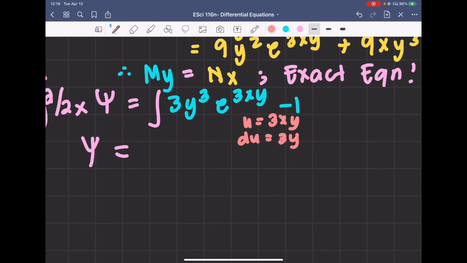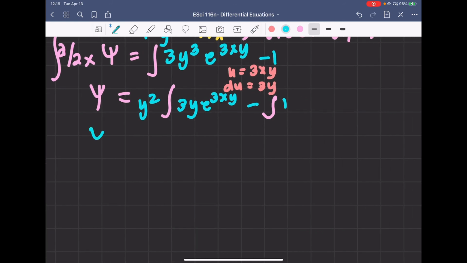So since our y is a constant, we can rewrite this as y squared times the integral of 3y times e to the 3xy minus the integral of 1.